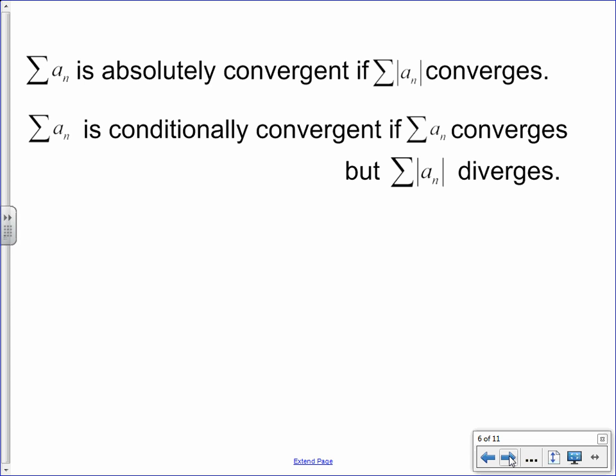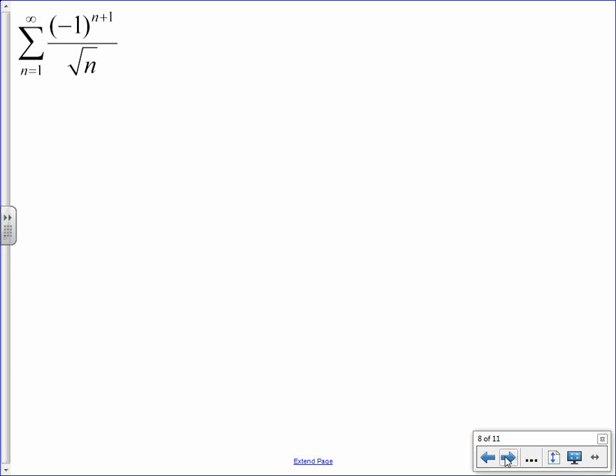Okay, so let's go back to one of our examples here. Well, it looks slightly different. Okay, so I want to know whether this is absolutely or conditionally convergent. So first of all, we need to prove that it's convergent, because it's an alternating series, right? Which we already did.